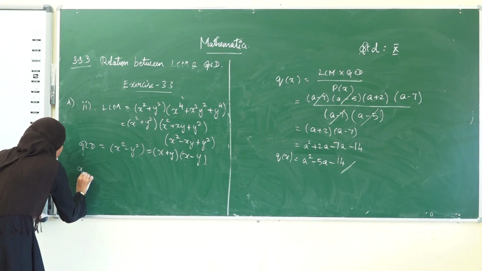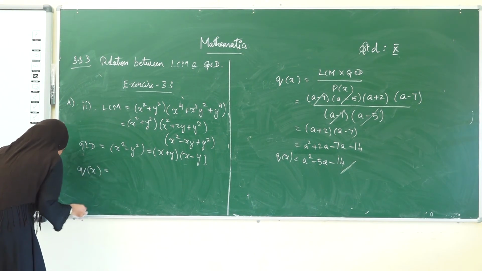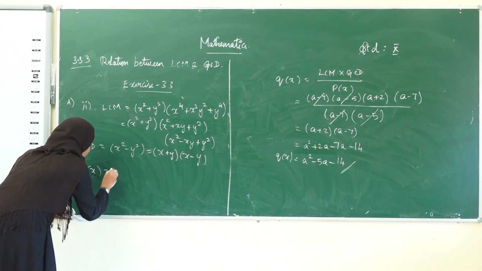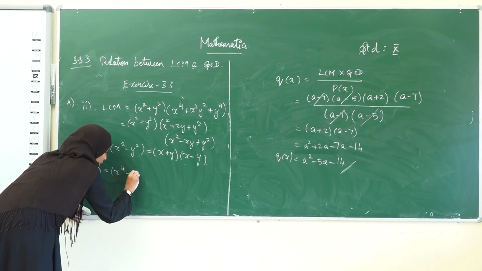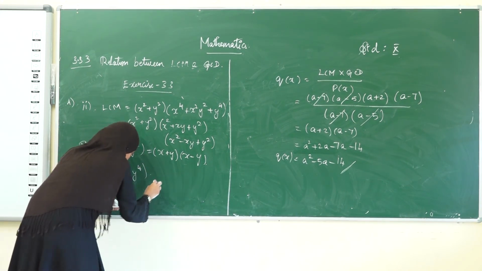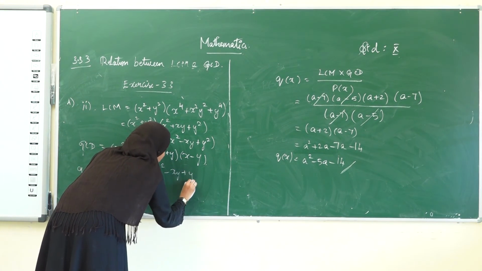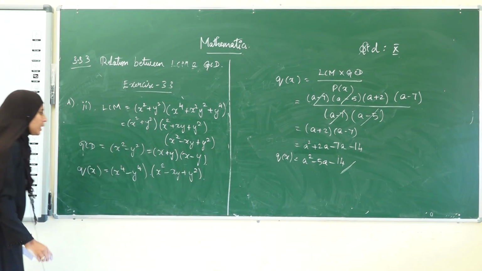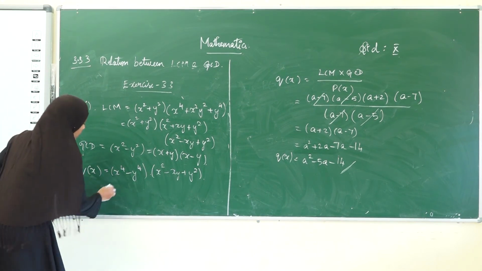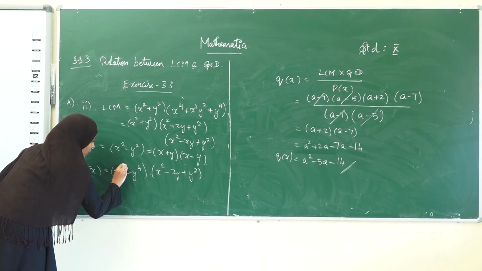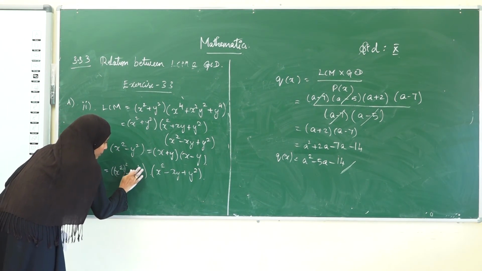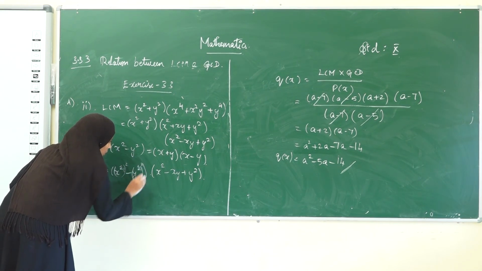And then they have given the polynomial q(x). What's the polynomial? (x power 4 minus y power 4) into (x square minus xy plus y square). This is the thing they have given. See, (x square) the whole square minus (y square) the whole square.